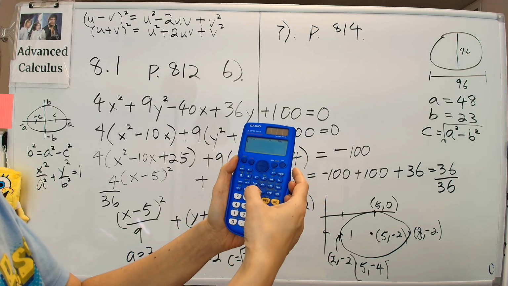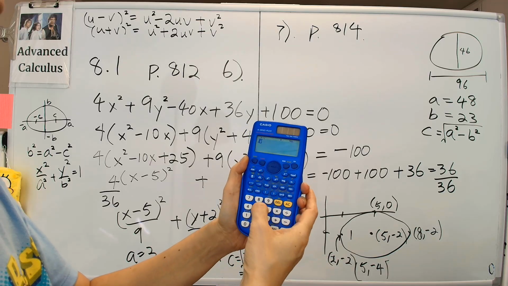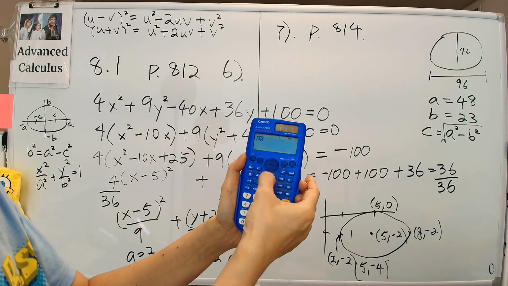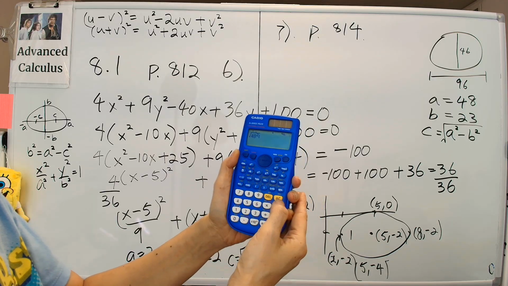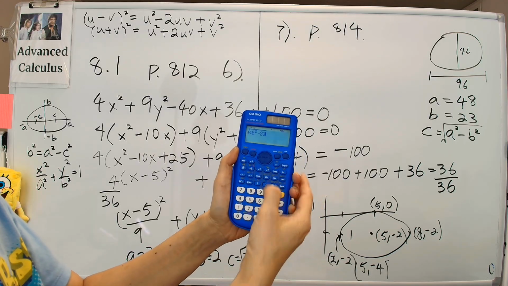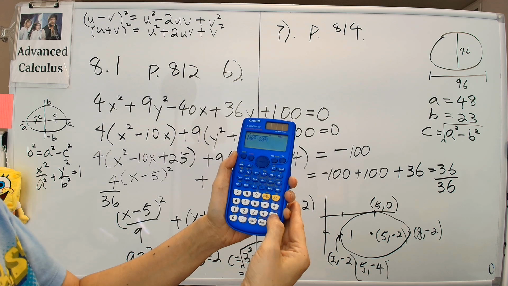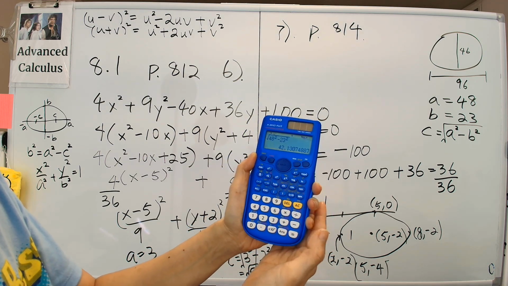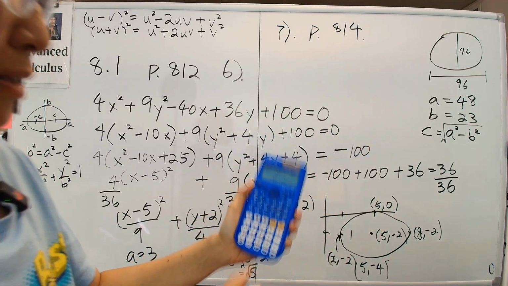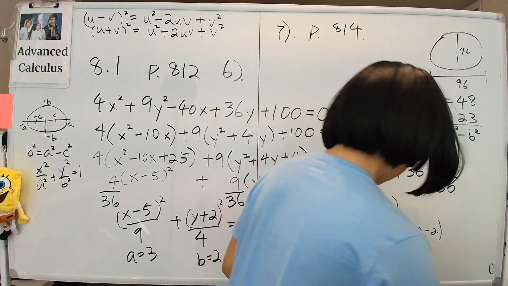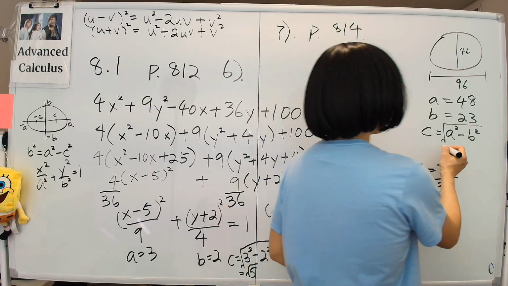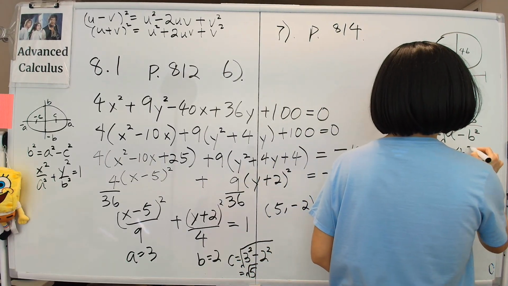So we'll take the square root of 48 squared minus 23 squared. Okay, calculate C. The decimal answer is 42 point something. All right, let's just say 42. Let's not be too picky here. So let's say C is equal to 42.